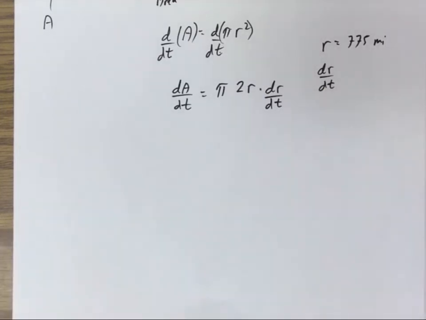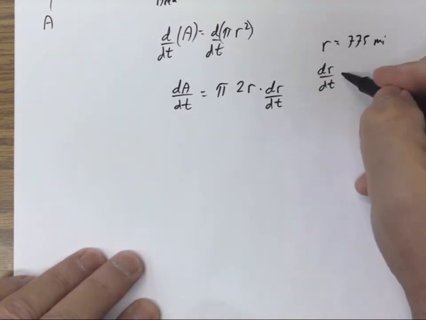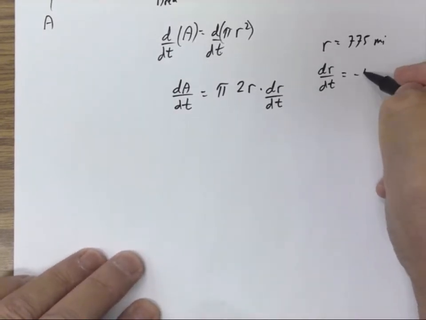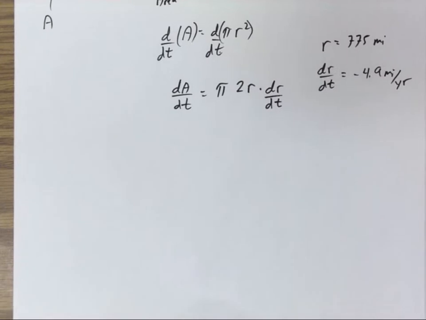The radius shrinking means how it is changing with respect to time, which is what dr dt is. And they say it's 4.9 miles per year, but remember, I'm going to call this negative 4.9 miles per year because it's decreasing, so the rate or the derivative would be negative, which means as time goes on, the radius is getting smaller and smaller.